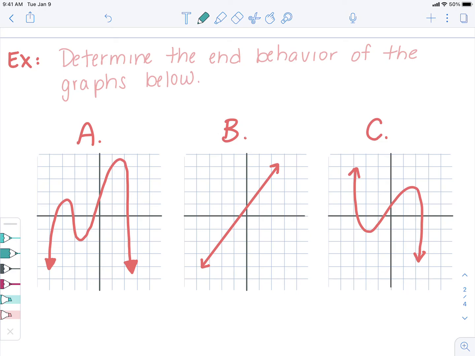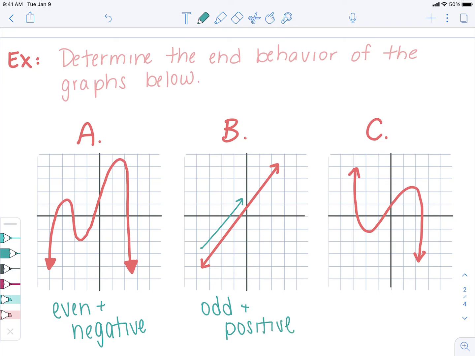Is it going uphill or downhill? So if you look at the first one, they're both going down. Even and negative. B. Odd and positive, right? Because if this was a roller coaster, if I jumped on here and I started going along, I'm moving up. So this is odd and positive.